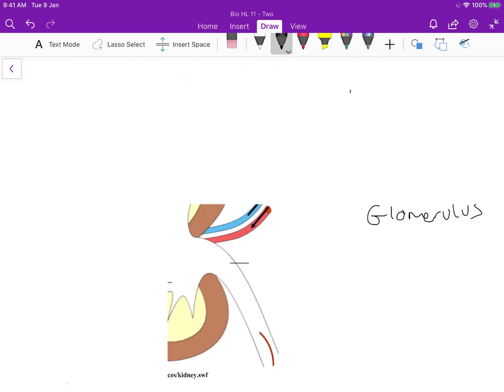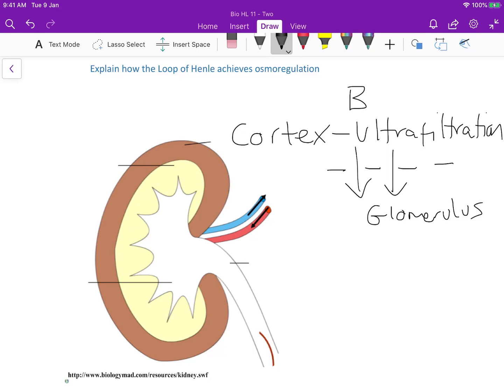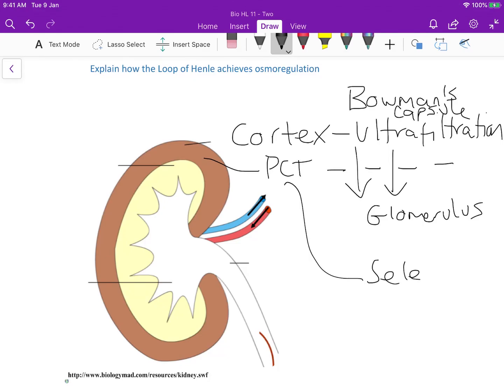So that was ultrafiltration in the glomerulus, which is part of Bowman's capsule. And then further along, we went into the proximal convoluted tubule, the PCT, where we had selective reabsorption.